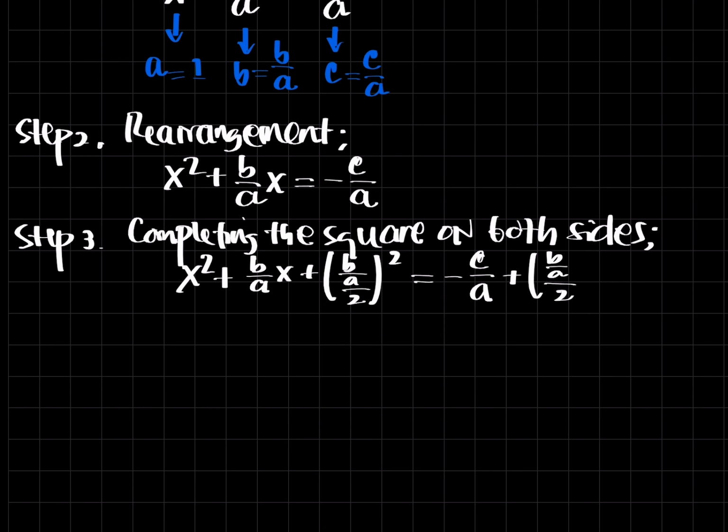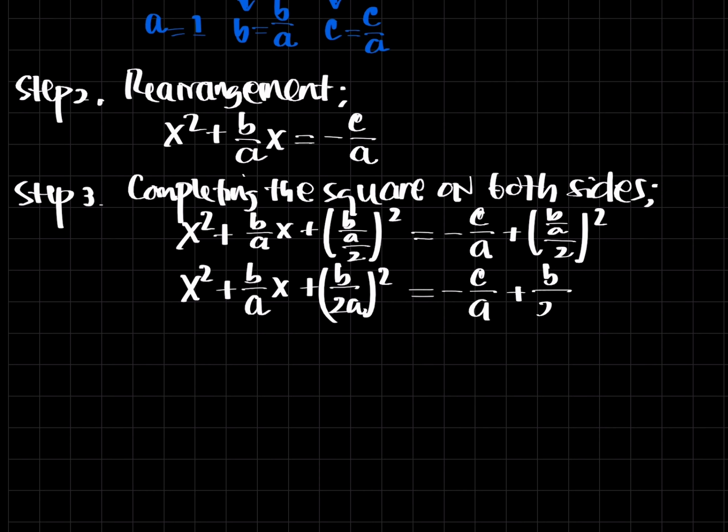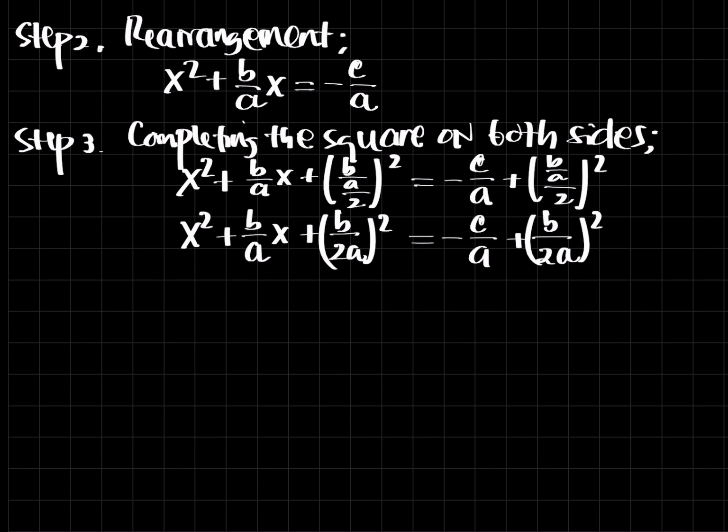Now we can try to solve one by one. So x squared plus b over a x plus b over 2a squared equals negative c over a plus b over 2a squared. Once we have that, we can see the left hand side and the right hand side.